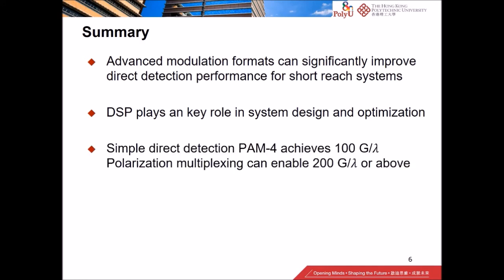I think we have shown quite clearly that simple direct detection using PAM4 can achieve 100 gig per lambda transmissions already. There are a lot of interesting proposals for polarization multiplex transmissions that can enable 200 gig and more, but then we'll have to see how the field will consolidate and select the right approach.